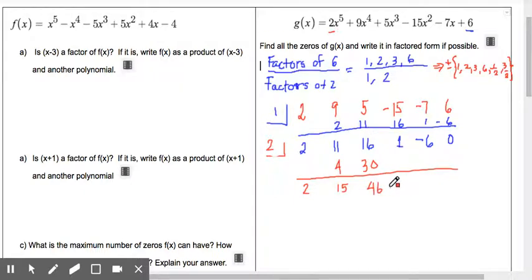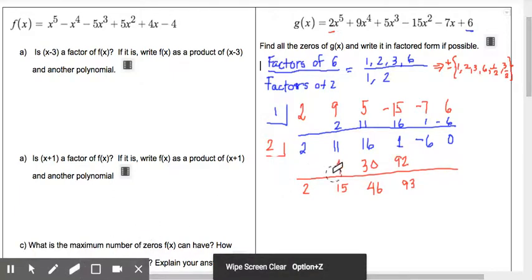It looks like we're not going to get a 0. This is 92. 91 plus 92 is 93. Times 2 is a huge number, not 6. Therefore, we're not going to get a 0. So positive 2 doesn't work either.